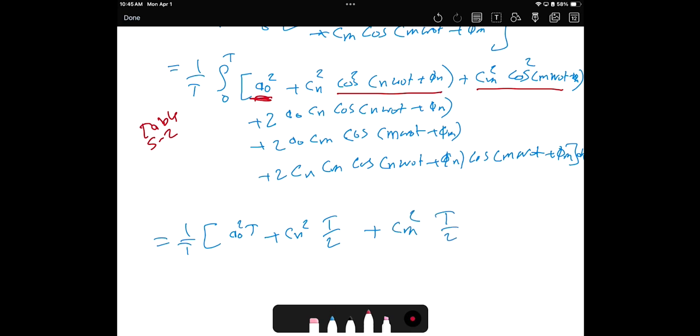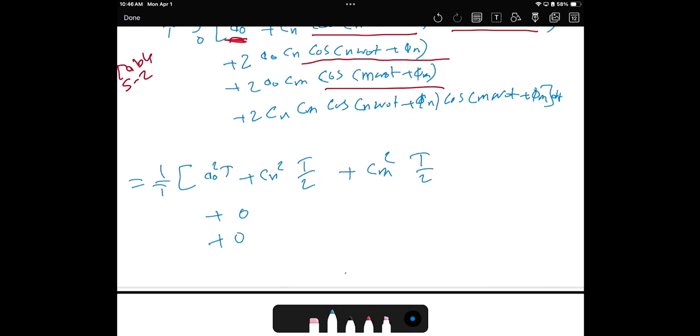How about the cosine n omega naught t? The integral of the cosine alone is 0, right? For the full period. So it is plus 0 because of the cosine. But then the next one, the integral of the cosine is also 0. So here is 0. Then the last one, which is the integral of cosine times cosine, such that n does not equal m, it will be 0.